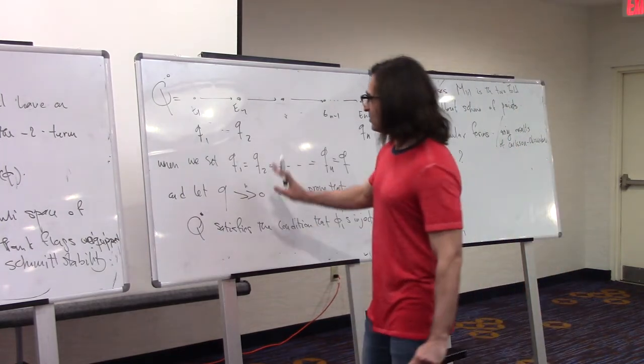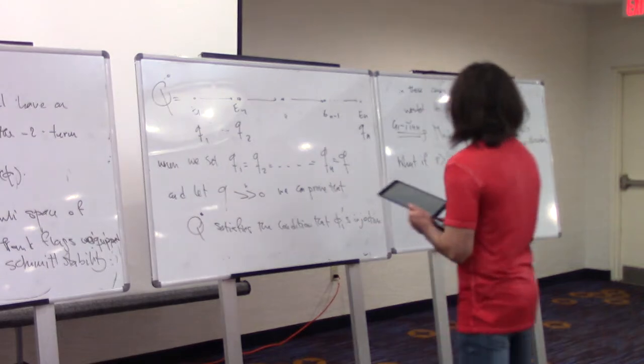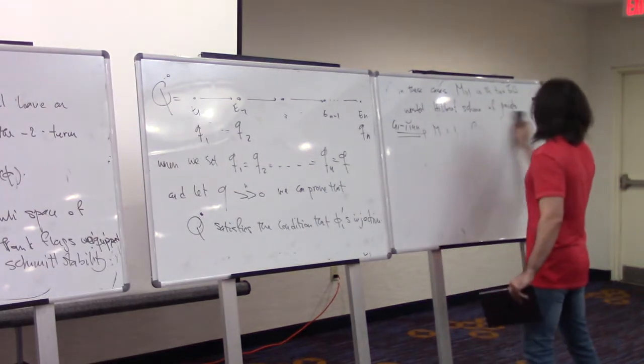And then the question is, how can we show that this contributes to Vafa-Witten invariants? So this is the last bit that I put in here.